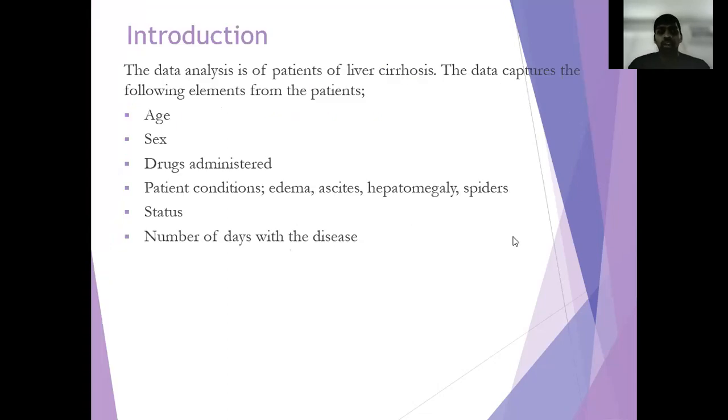Let me explain what exactly liver cirrhosis is all about. The data captures the following elements from the patients: age, sex, and the patient's conditions of edema, ascites, hepatology, and spiders, and also the status of it.